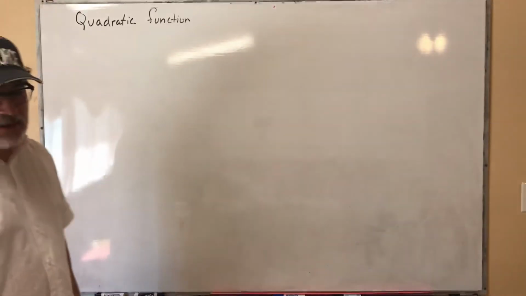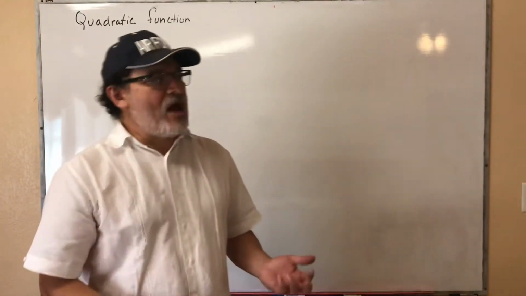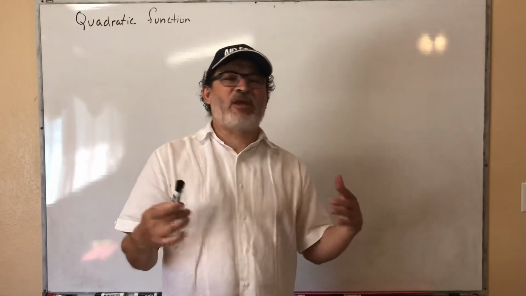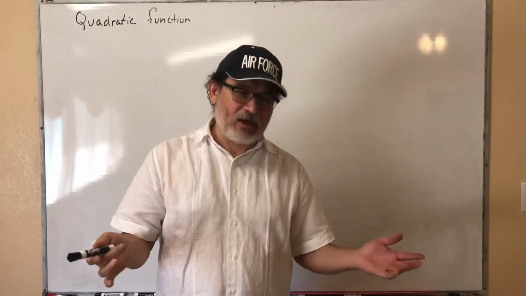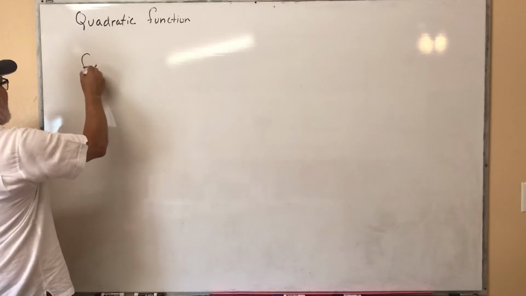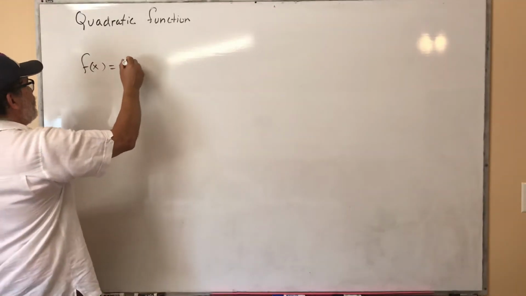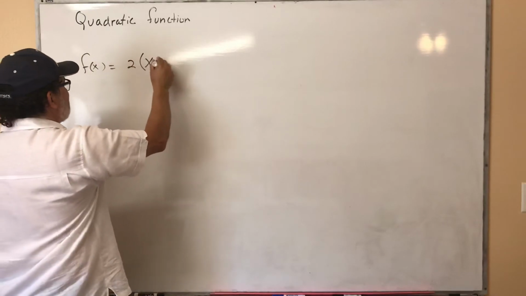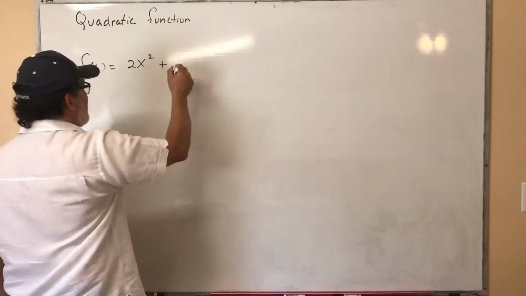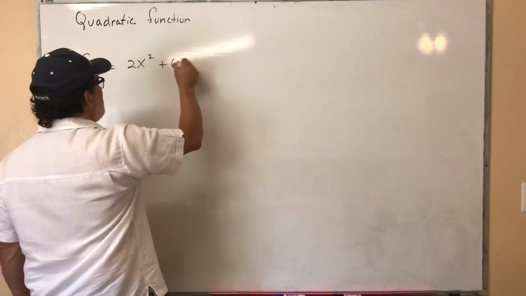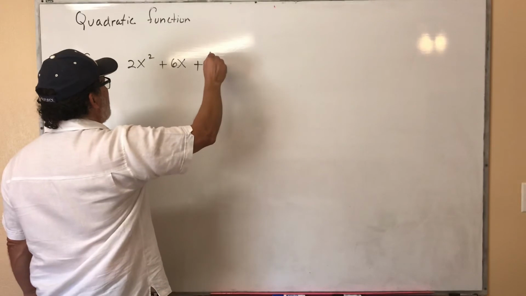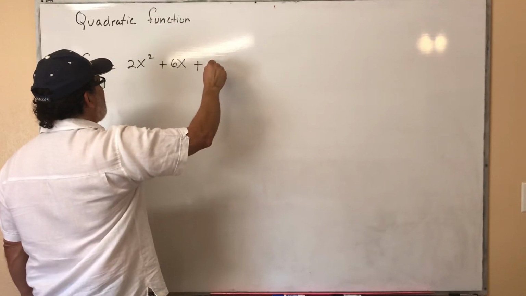All right. Suppose you're given a parabola in polynomial form. I should say quadratic function in polynomial form. Okay? This one, look. F of x equals 2 times x squared plus 6x plus 10 plus 5.